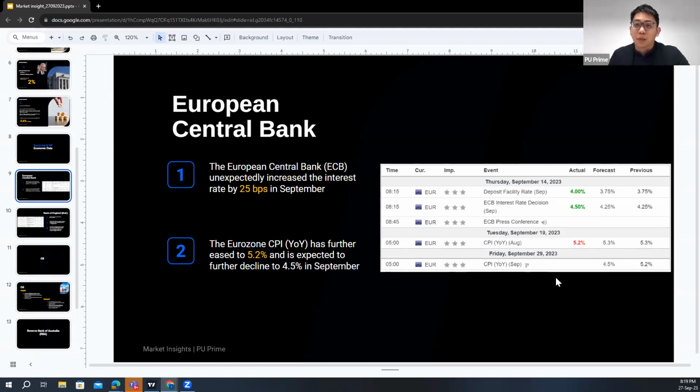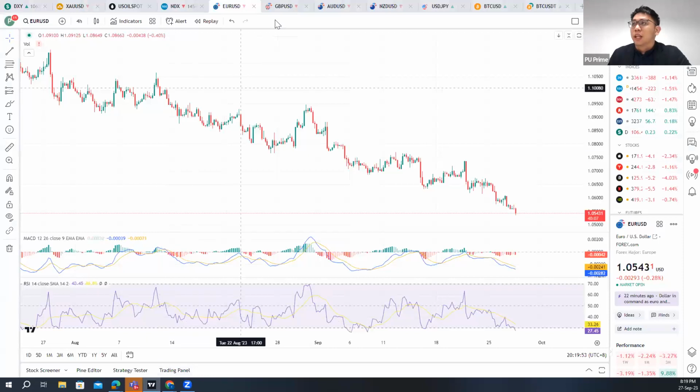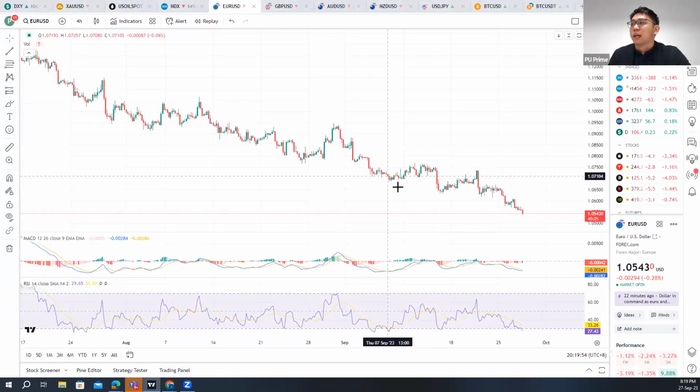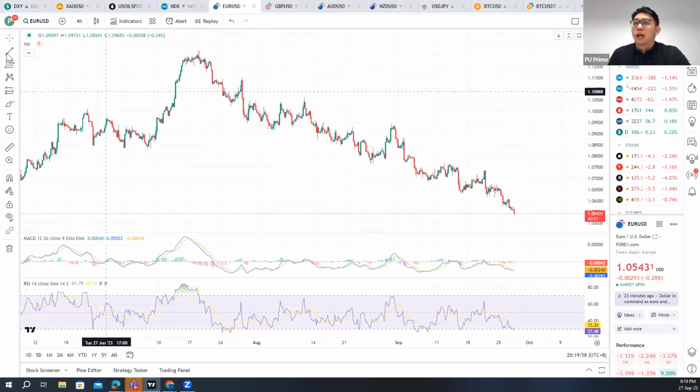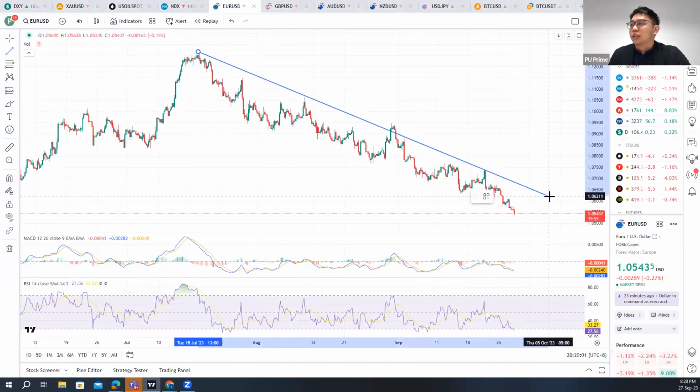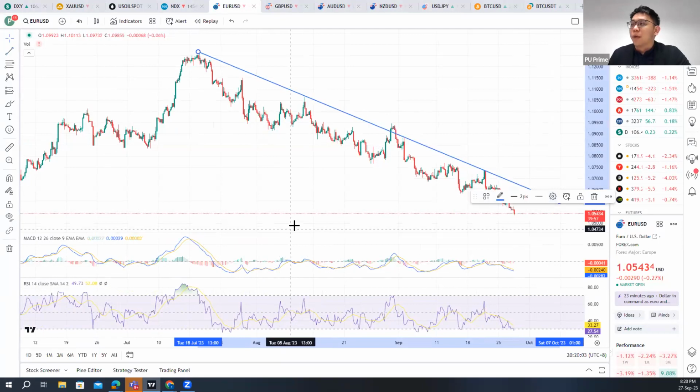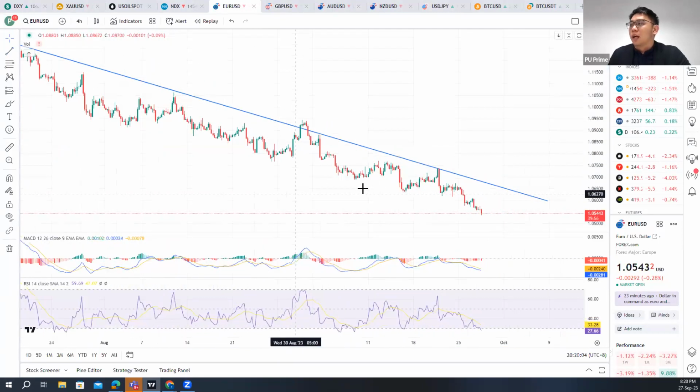So for the EU pair, especially because we know that now the US dollar is very, very strong, you need a very, very strong factor to push the euro to rebound. Otherwise, I would say the euro will continue to decline, because from this trend, you can tell the euro is trading in an extremely strong bearish momentum.